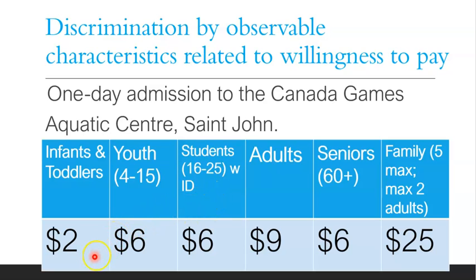So you can see that prices vary quite significantly. Adults, who would be people age 16 to 59, are going to be paying the highest price, and then lower prices are offered to seniors and to younger people or students. There's also a family admission, which also is obviously offering a kind of discount.